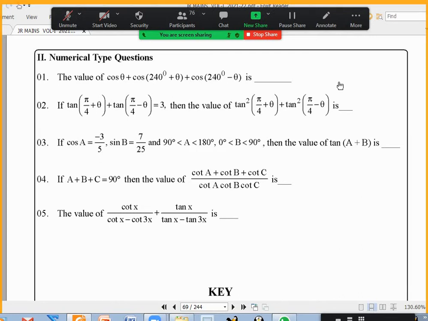How many of you learnt compound angles before and done quite a few questions? Send a message to me in the chat. You can just send S, that's all, nothing else. Those who have not learnt, they don't understand anything.